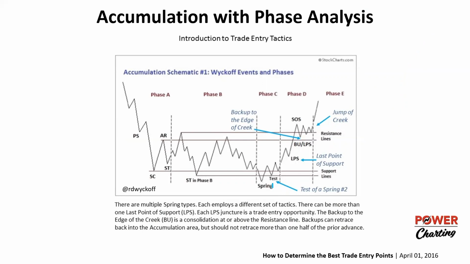The whole idea about accumulation is to build our positions after the final testing phase, phase C, and then on the uptrend, which is phase D, from the bottom to the top of the accumulation area. And this area becomes quite important. We'll see examples of this in a minute.